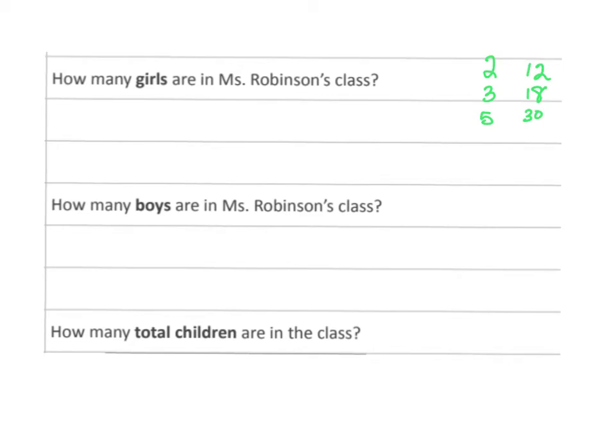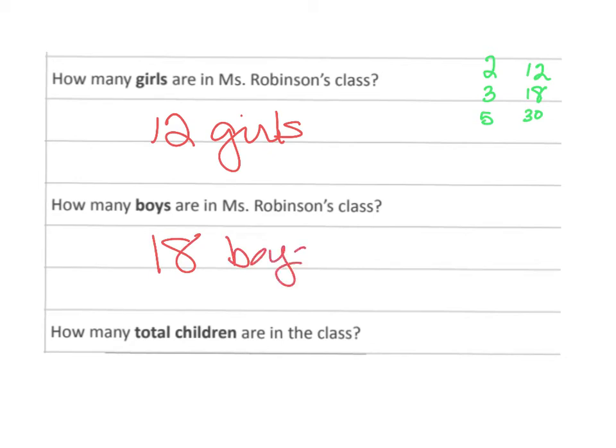So how many girls are in Miss Robinson's class? There are 12 girls. How many boys? 18 boys, because remember, this was girls, this was boys, this was total. How many total children are in the class? There are 30 total children.